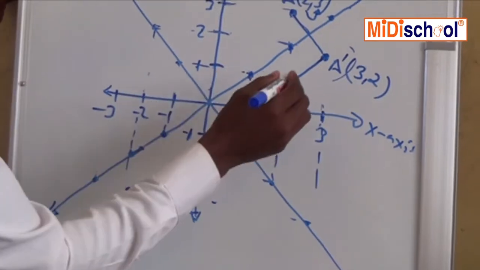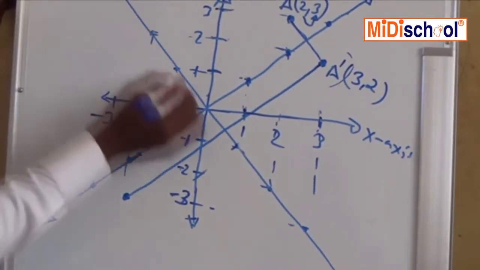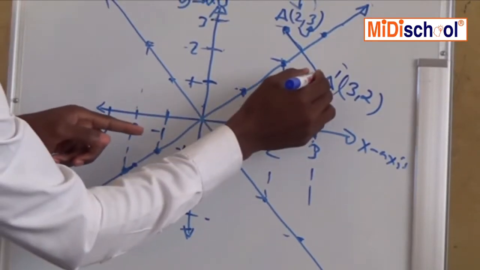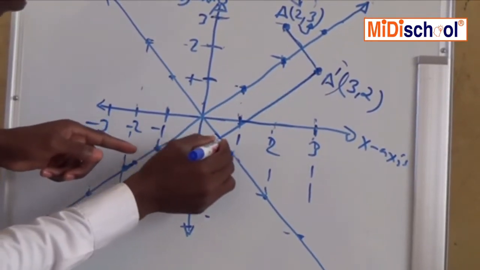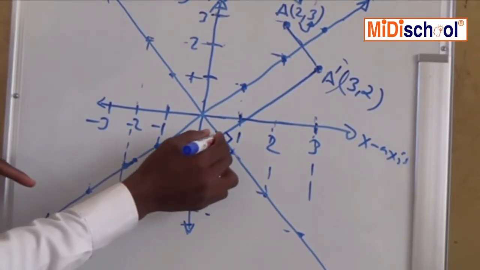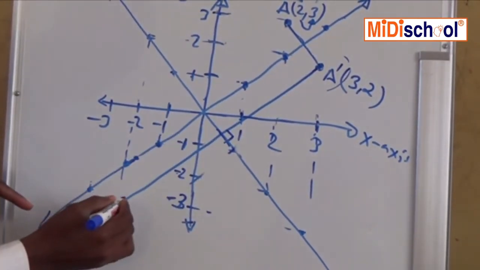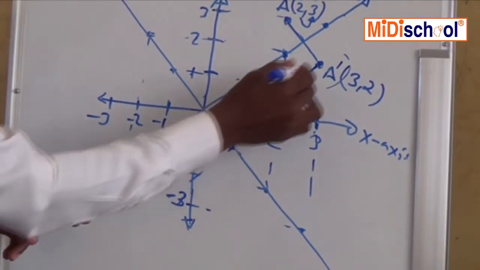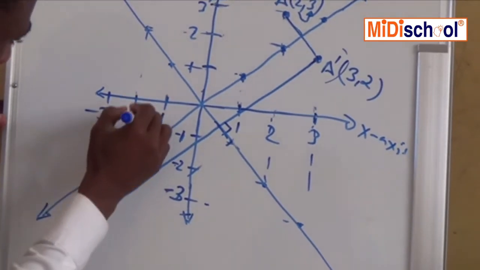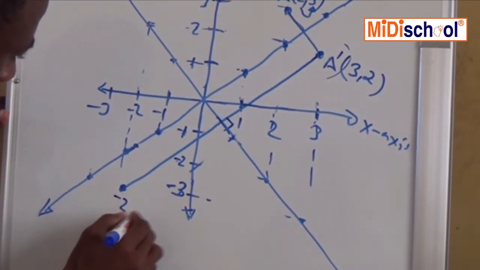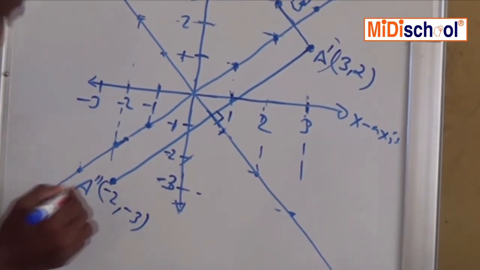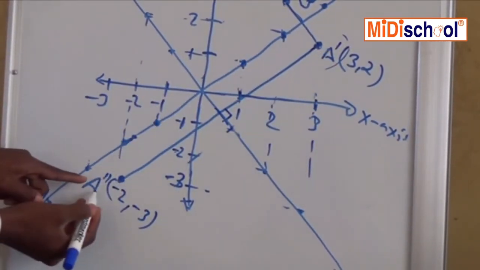So we draw a perpendicular line to our plane, so that the distance from this point to the plane is equal to the distance from the plane backward, the same distance from here to here. So it is going to fall where x = -2 and y = -3. So this is A double dash. This was A dash and this is A double dash.